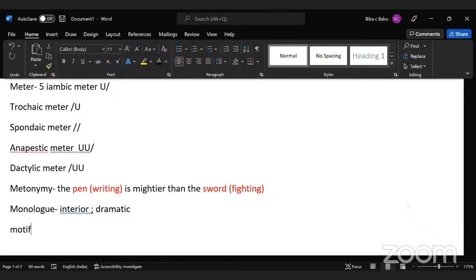Wait. When you see something, if the character comes and says that I have been to this place and I saw this beautiful girl. She was walking on the shore with chappals in her hand.